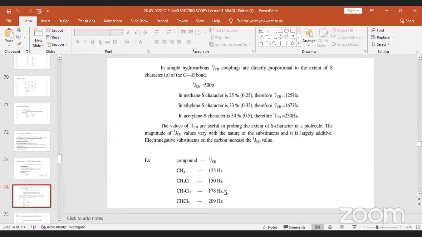With 2 chlorines attached, roughly a 50 Hertz increase, and CHCl3 with 3 gives roughly 209 Hertz. So that way, the increase depends on the number of electronegative groups or atoms, roughly additive.